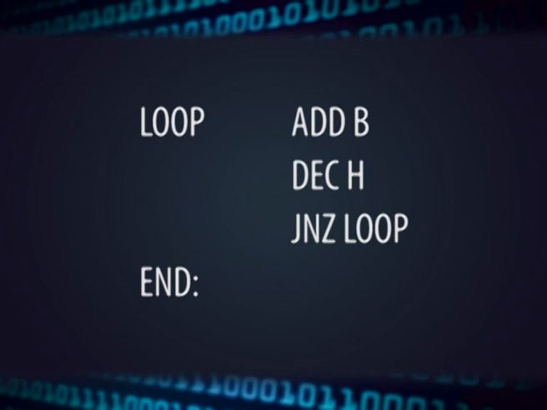Therefore, the instruction DCR H, which is the next instruction, is at LOOP plus 1 address. The instruction DCR H, decrement H, is again 1 byte long. If more than one memory word is generated for a statement, the label would be associated with the first of these memory words.